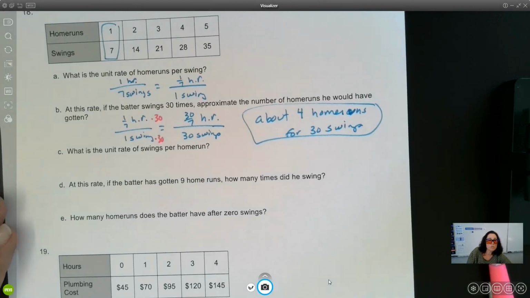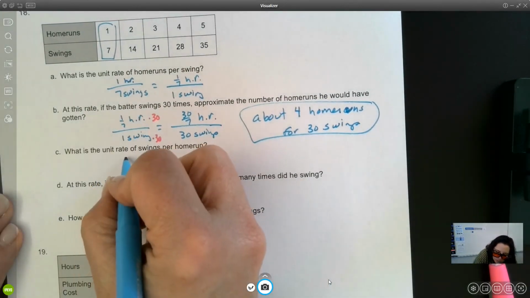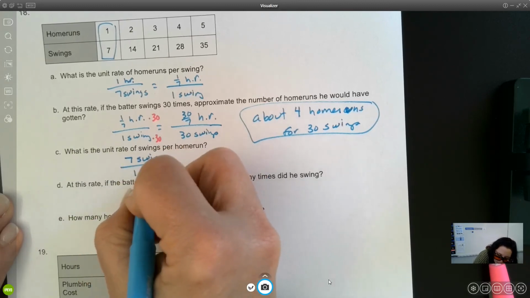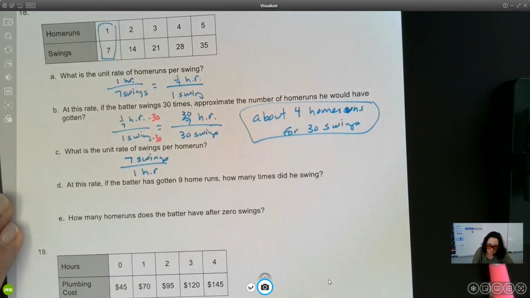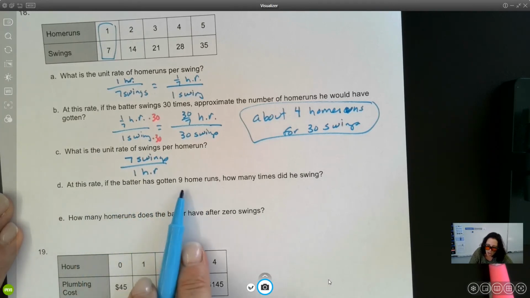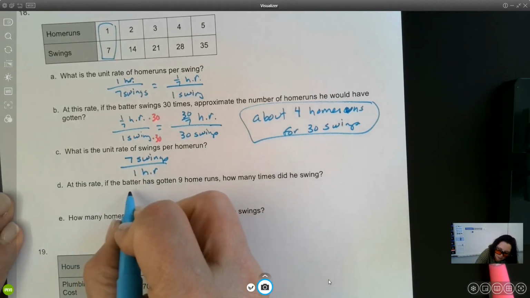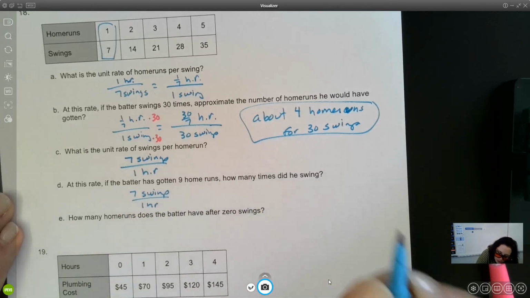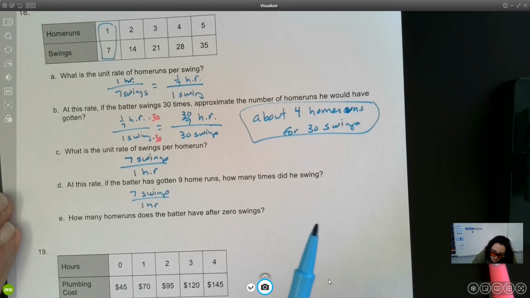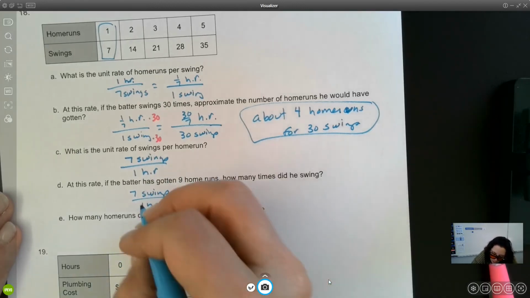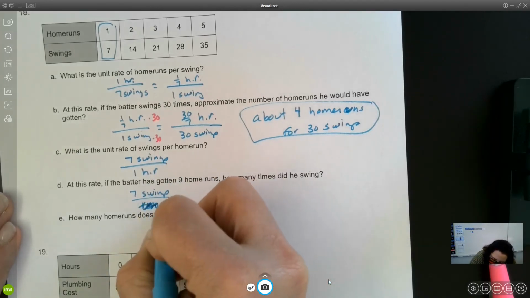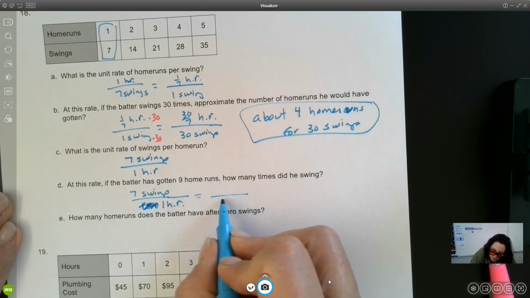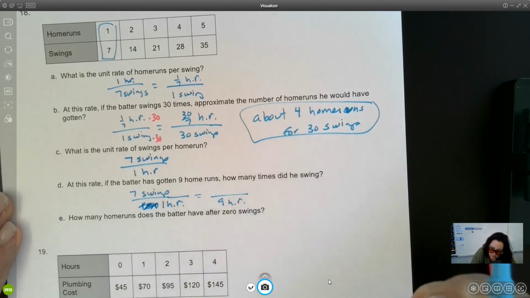What is the unit rate of swings per home run? Well, that one's nice because we have it already with a 1 in the bottom. At this rate, if they have gotten 9 home runs, how many times did he swing? So we're going to use our 7 swings in 1 home run. Not hour, sorry, home run. Gosh. 1 home run. Okay, and we want this to be 9 home runs.